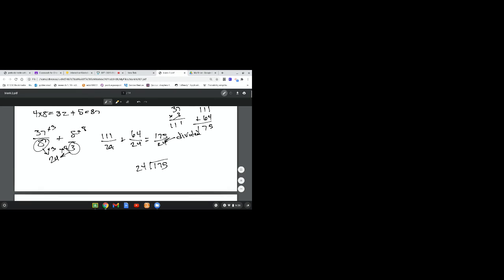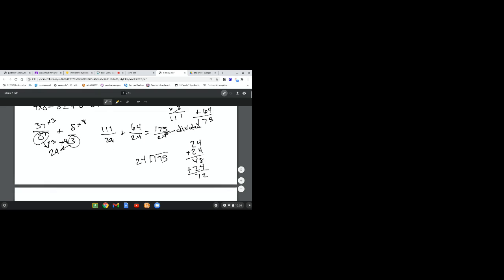Although 24 is a really big number. So instead of trying to do it in our head with our multiplication facts, we're just going to write it out by just adding 24 over and over again till we get there. So that's 48, another 24, that's 72.